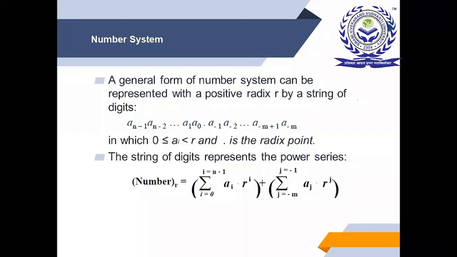Now we can represent it like this: number equals summation i equals 0 to n minus 1 of ai into r to the power i. That is the left hand side. Plus the right hand side of the decimal point, which will be summation j from minus m to minus 1 of aj into r to the power j. Here the coefficients will be negative, so that's why I have taken the limit from minus m to minus 1.